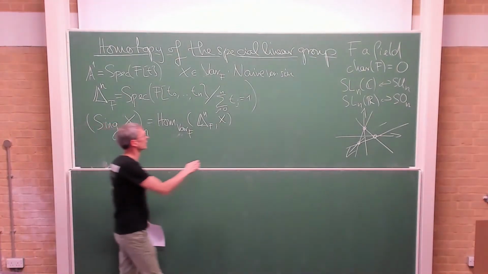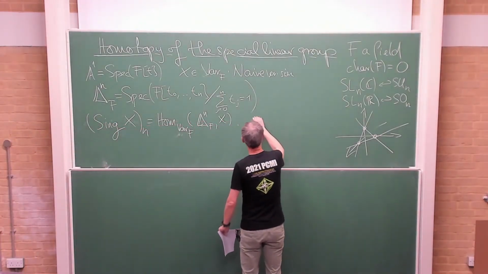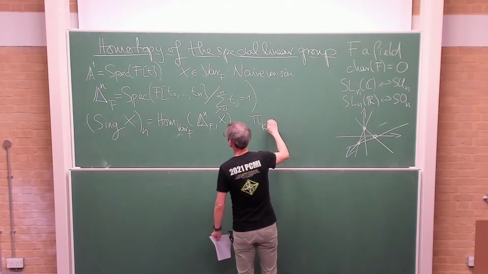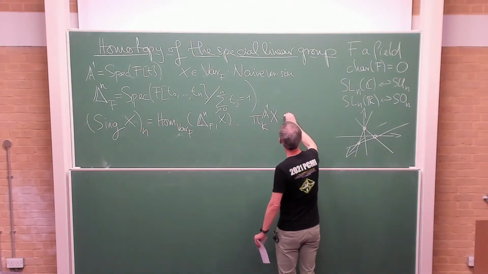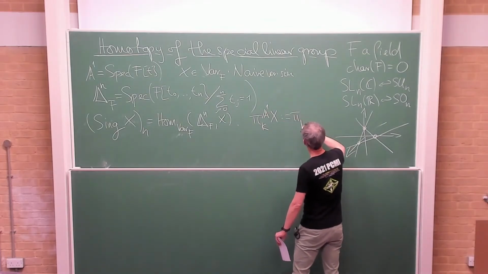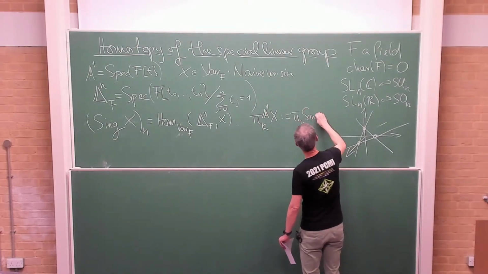And then this has homotopy groups, and let me, somewhat wrongly, define pi_k^{A1}(X) as the k-th homotopy group of this simplicial set.